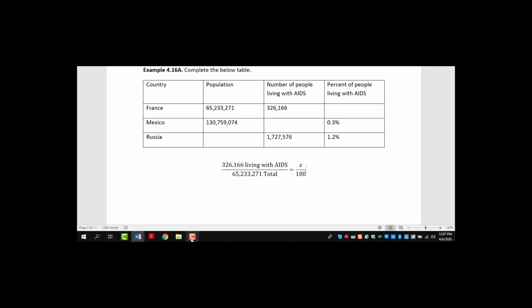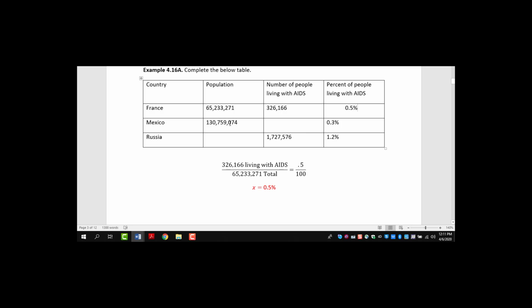Now I'm just going to put up the answer. After we cross multiply and divide, we get 0.5 out of 100, which is 0.5%, which is a half a person out of every 100. Another way to look at it is 1 person out of every 200.